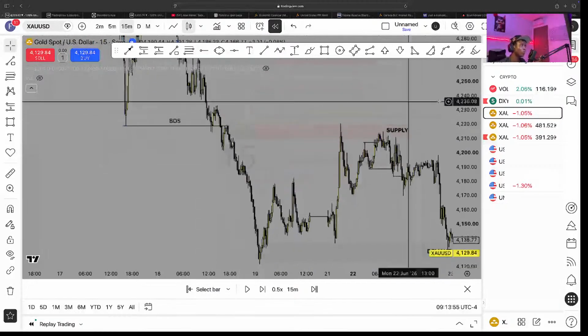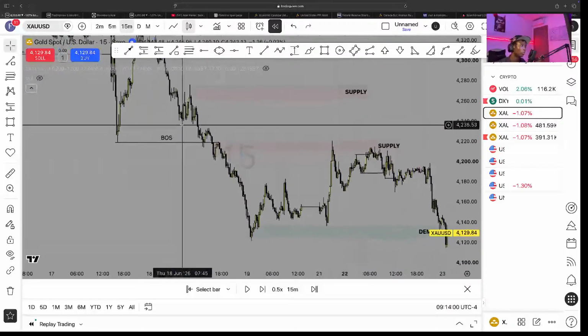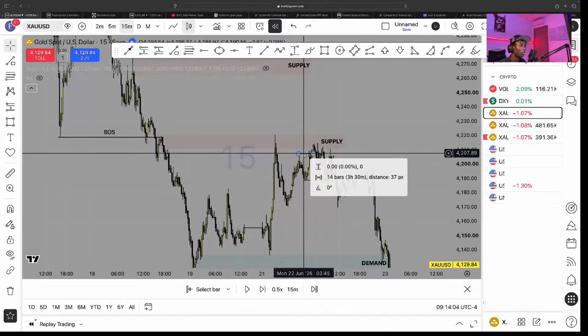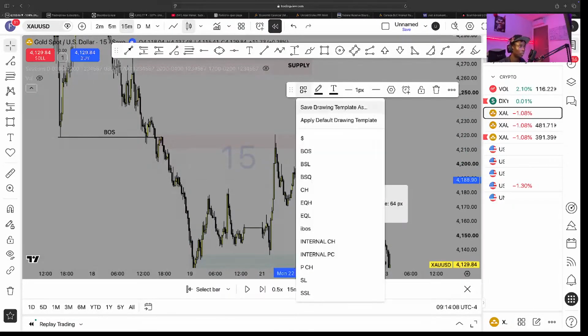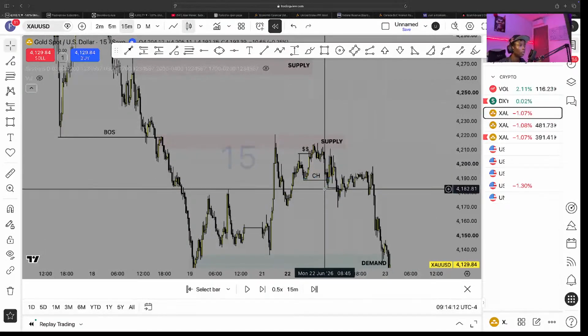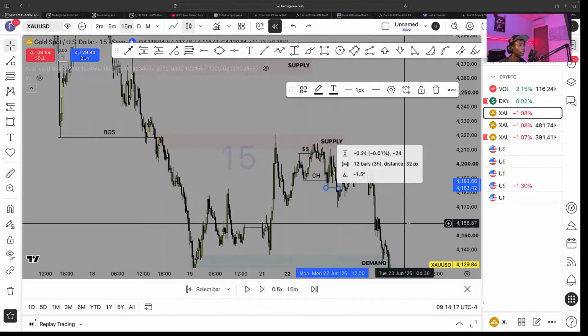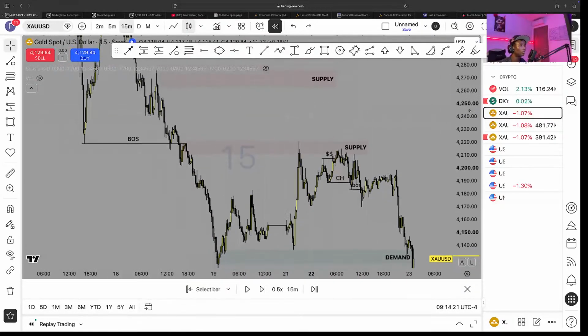So this was the pullback I was waiting for on this one. The pullback just came to this level, and I saw my confirmation. This is the CH, and this is the internal BOS. So this is the pullback. So you see, I'm just using the same method.